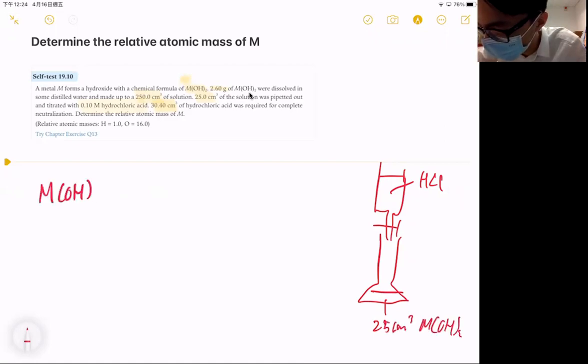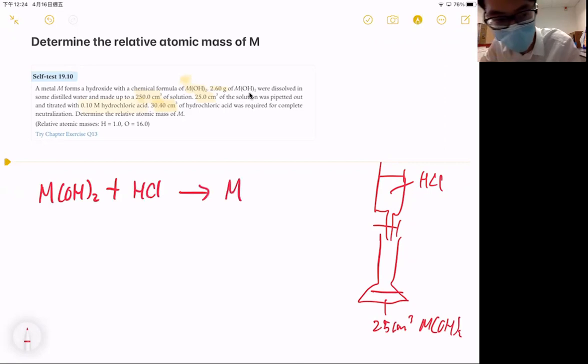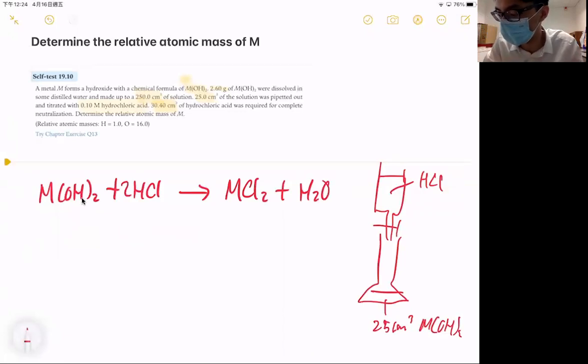So here will be the chemical equation. Since we know M will have a 2 positive charge based on the chemical formula, we will get the salt and also water. And we balance the equation, and we will get this equation.